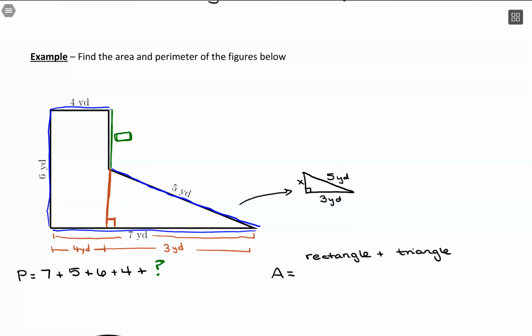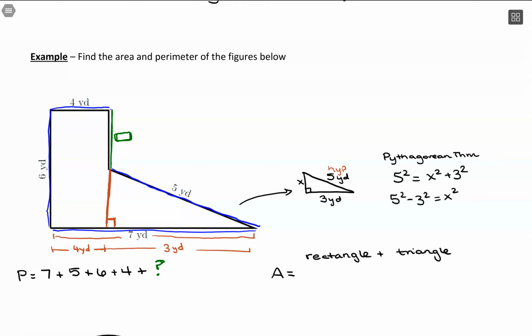And that scenario right there is perfect for the Pythagorean theorem. So our hypotenuse is the 5, and then the legs would be the 3 and our unknown. So we'd have 5 squared, hypotenuse squared, equals x squared plus 3 squared. So we'll have 5 squared minus 3 squared equals x squared.